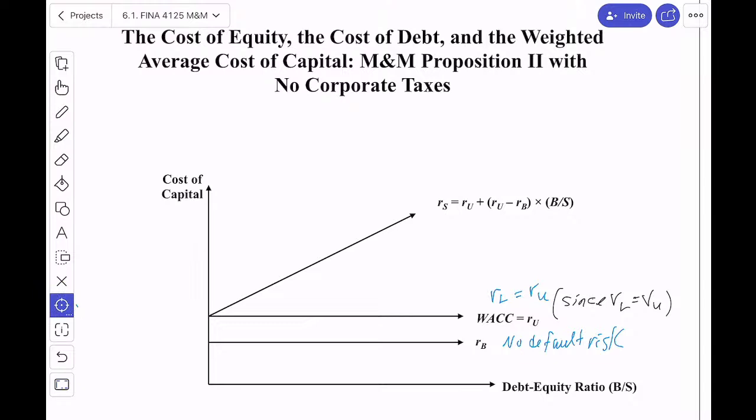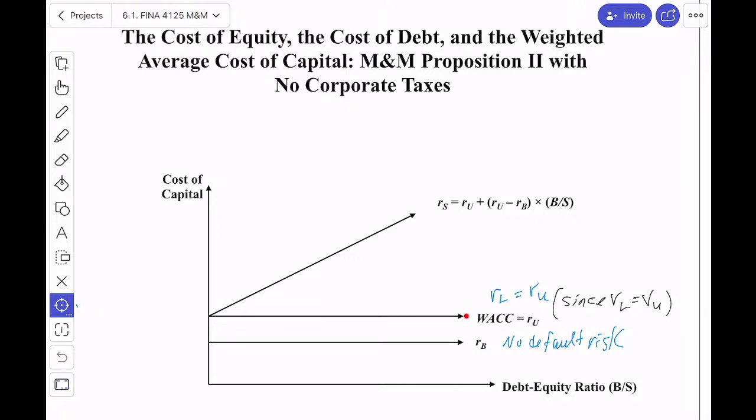But then I asked, what do we see from the shareholder's perspective in the levered firm? And you get this equation. And this equation will always be positive, right? The return to investors in the unlevered firm is this one.